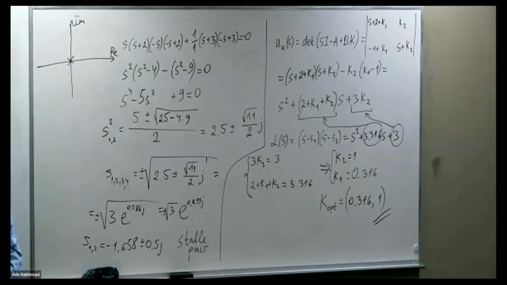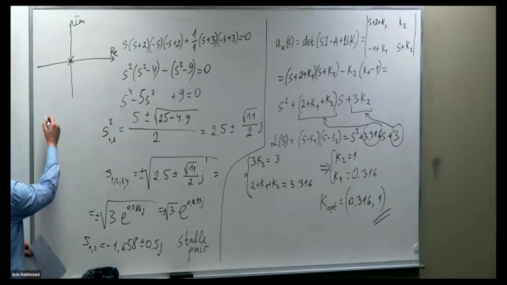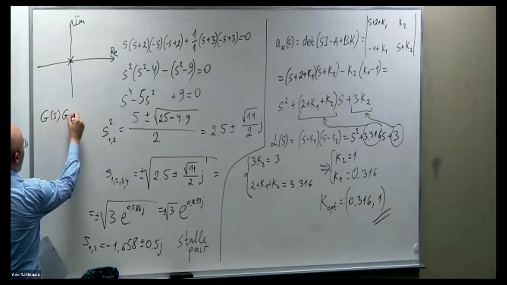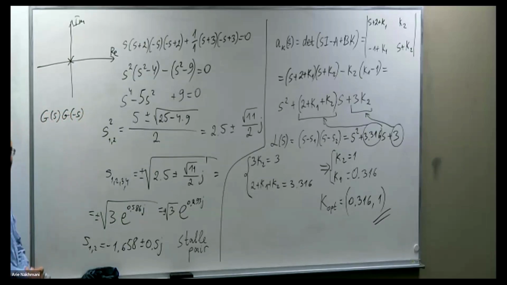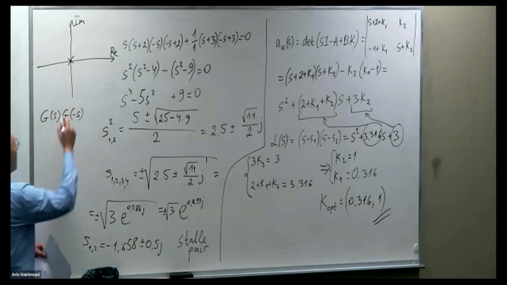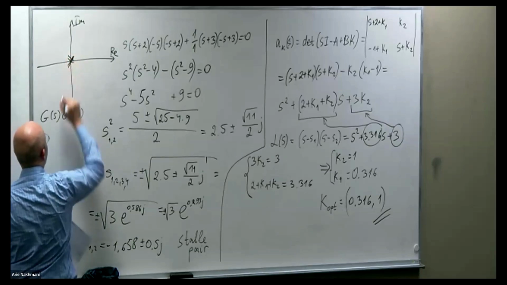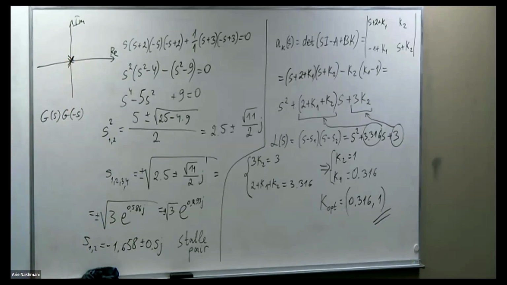In open loop, we have 1. But we have also minus s. So we need to plot G of s times G of minus s. So what would be the mirror image of the pole at 0? Same. So you'll have actually a double pole here. Right? What additional pole do we have?